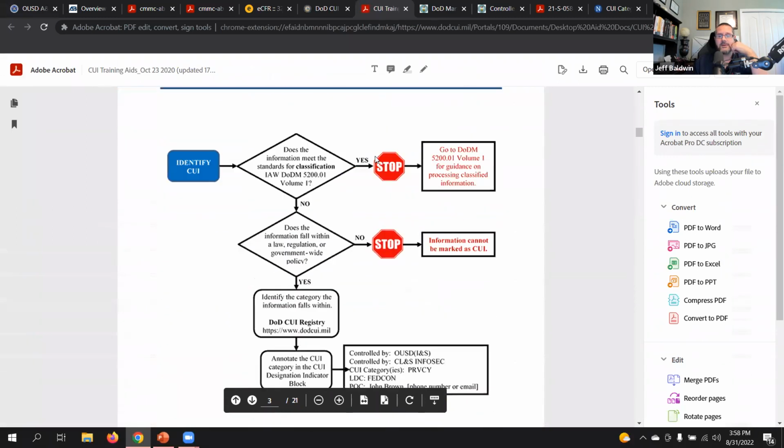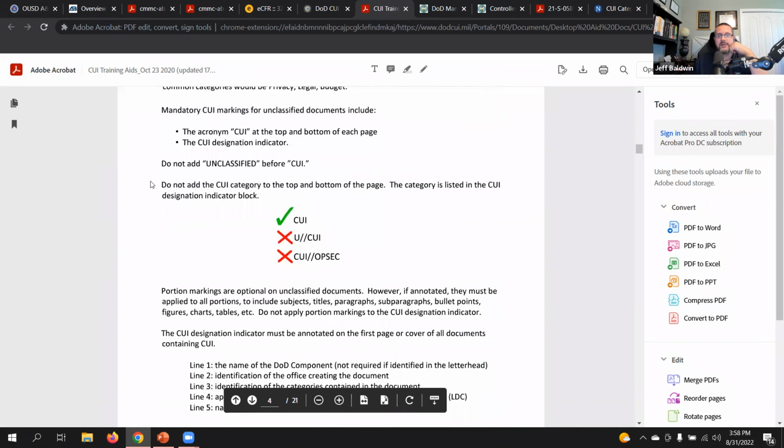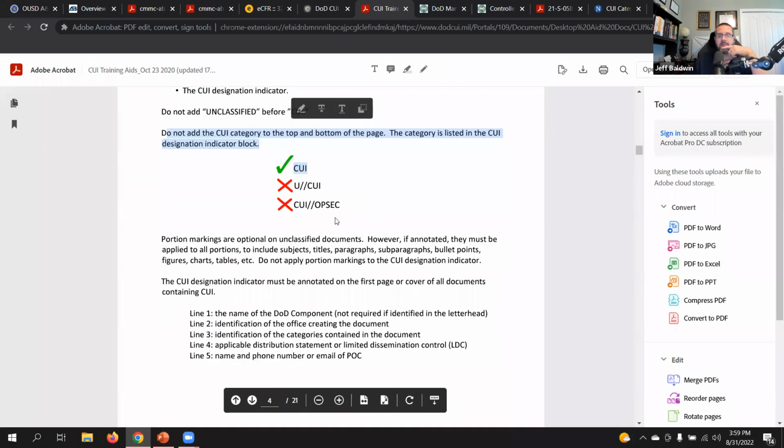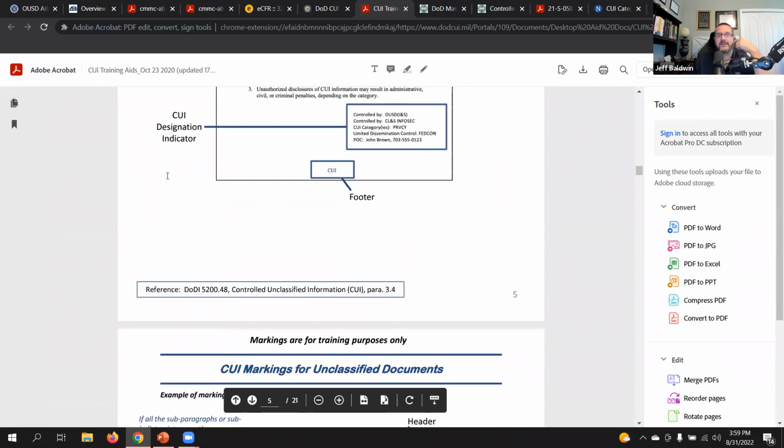Interesting thing is they differ from NARA. So they don't add the category to the top and the bottom, or the header and the footer. Whereas if you follow the ISO training, it says that you should, and you should put the SP in there in the category. Yeah, these are definitely wrong. Let's see. So they just put header and footer.